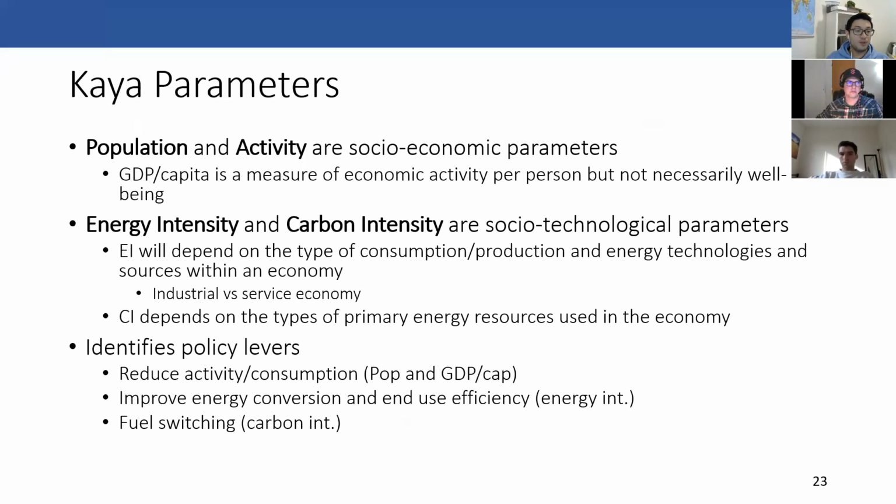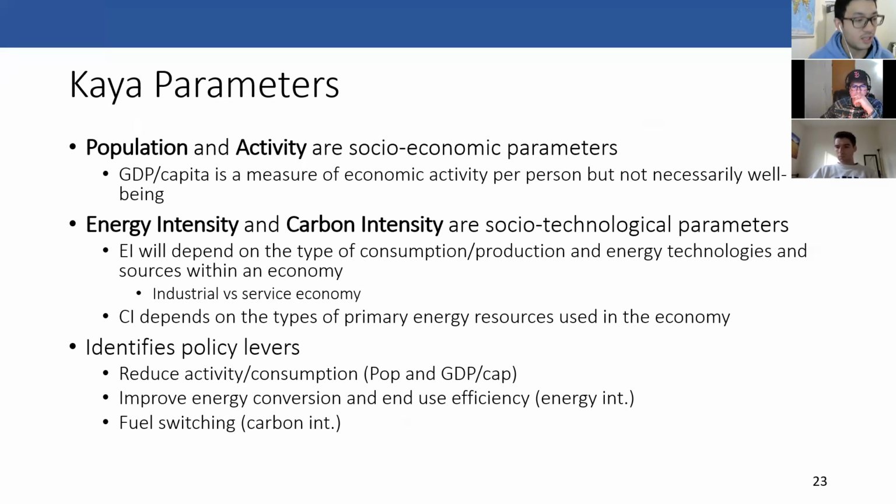I can improve energy conversion and end use efficiency. And so this is your energy intensity. If you make a gas car more efficient, for example, that's going to help with the energy intensity. So this is a lever that really focuses on the efficiency of your end use.